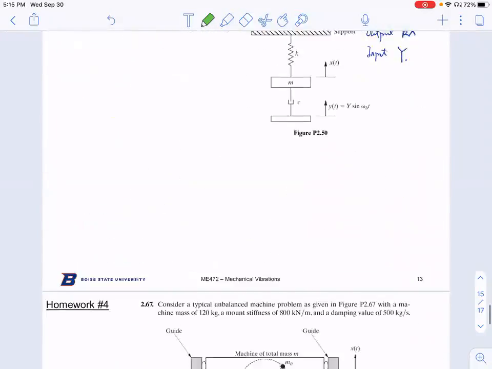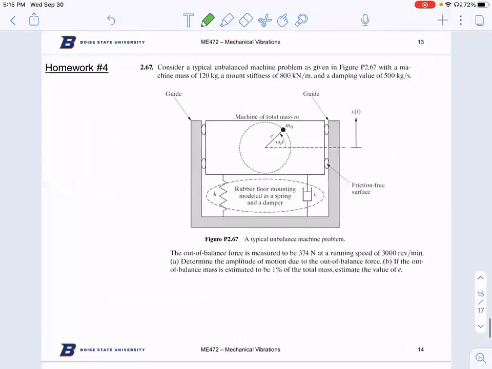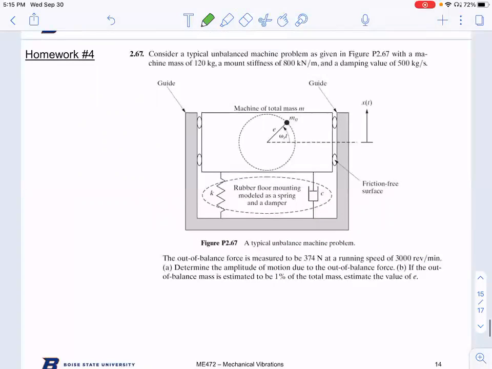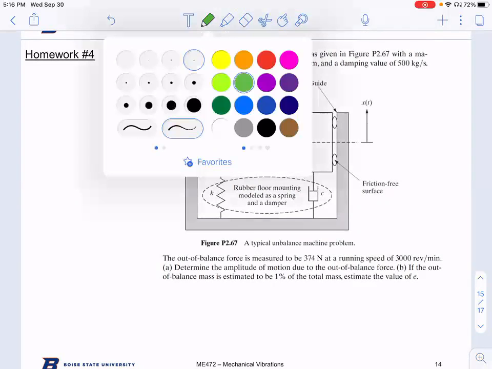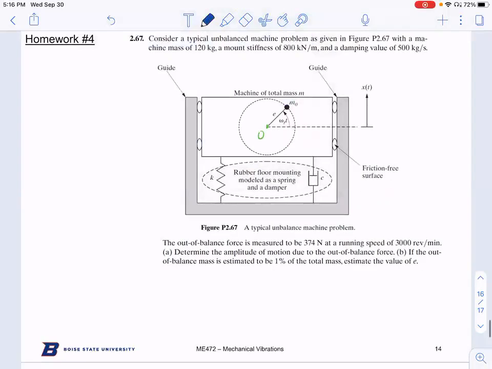So for the unbalanced rotation, let's look at an example, homework 4. We have an unbalanced machine problem, and the mass is rotating around the center O. We know the stiffness, we know the total mass, and we know the damping ratio.